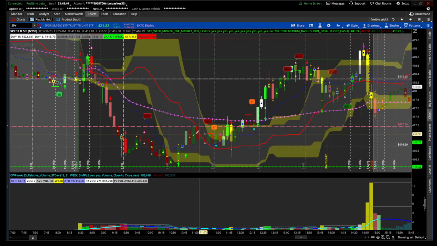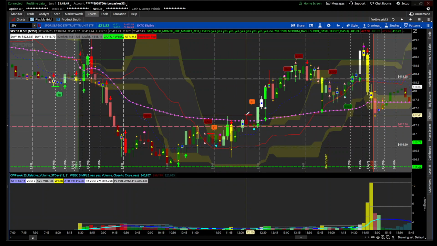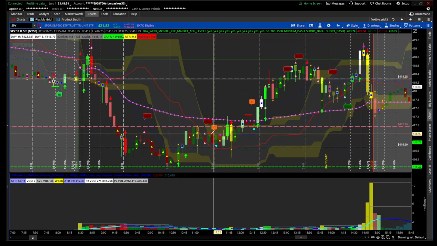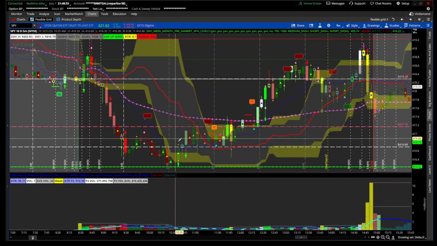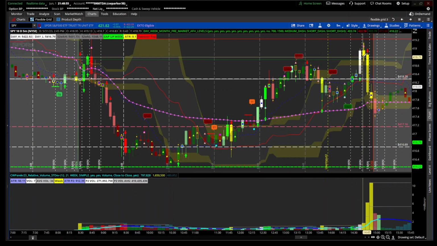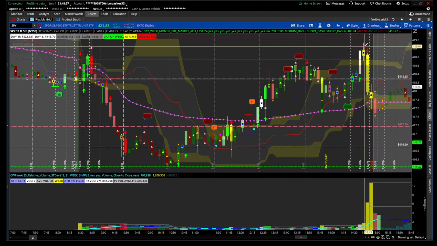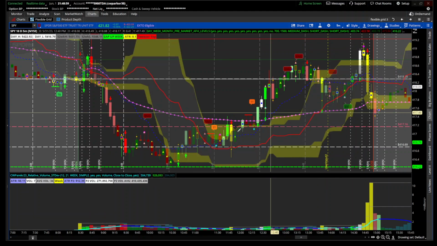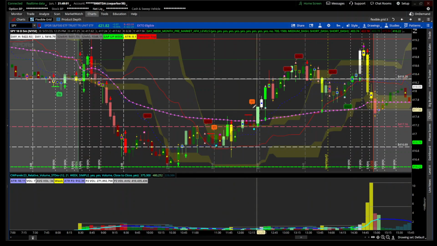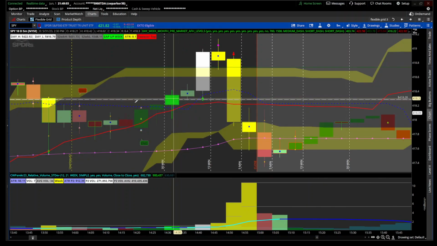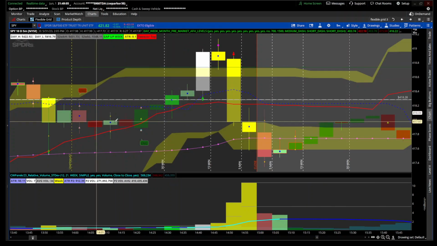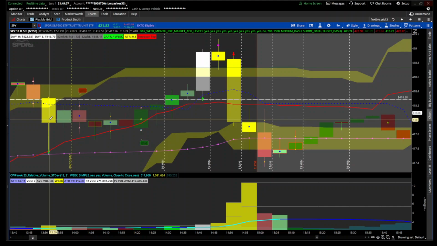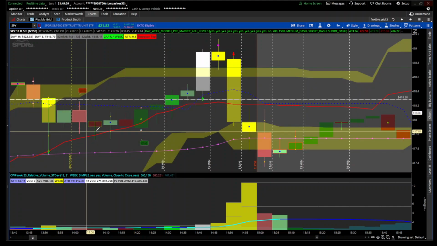It's just identifying those candles with equal highs and equal lows. And this purple dot right here is just a bearish divergence dot. And here's a buying imbalance right here on this selling candle.